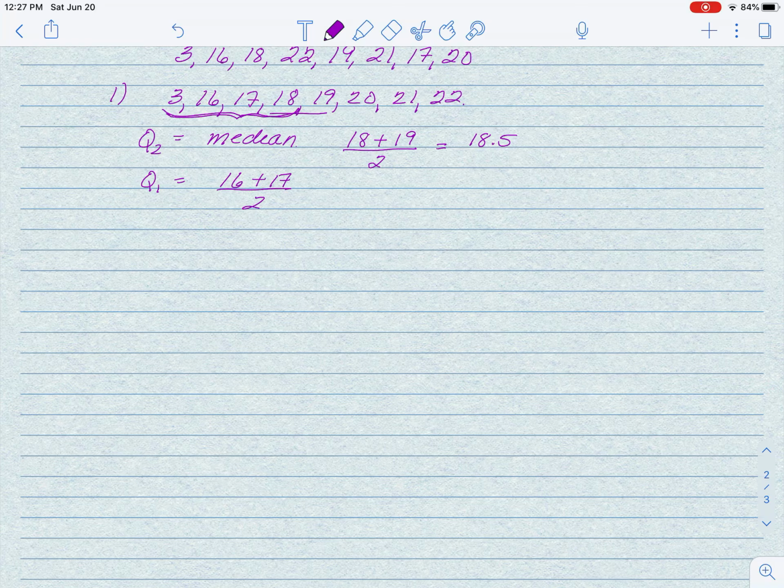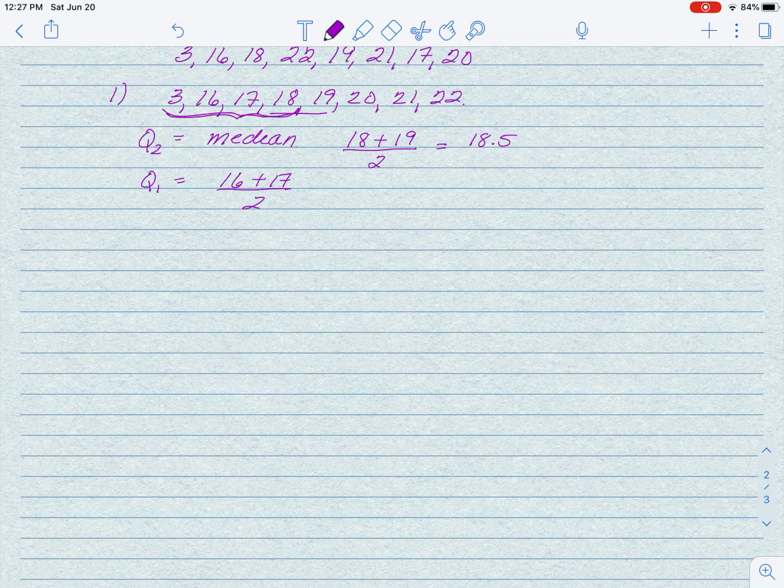Okay, so to do outliers, we need the interquartile range. So that's 20.5 minus 16.5, which is 4. And then we take that number and multiply it by 1.5, and we get 6.